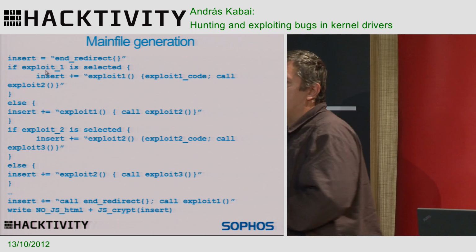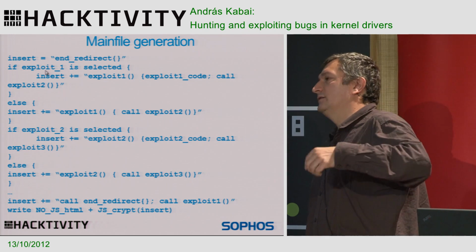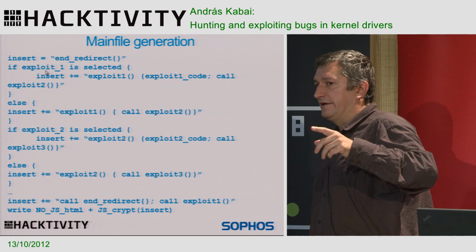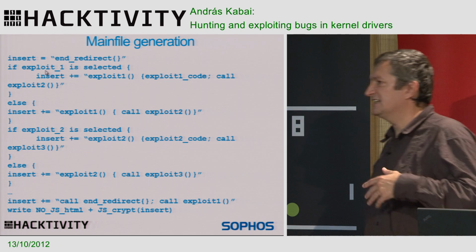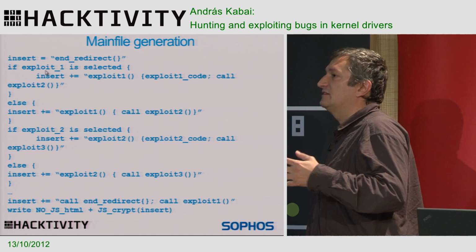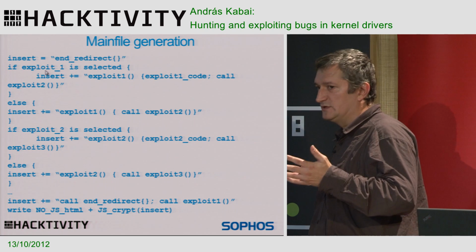The main file generation scheme is very simple. When the user opens the email, clicks the link, and is redirected to the exploit kit hosting page, the request carries its operating system version and its browser version.